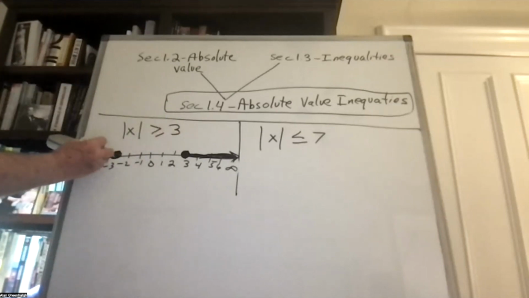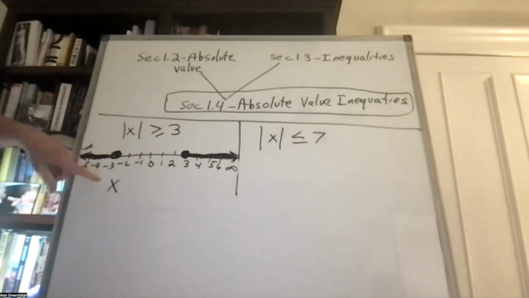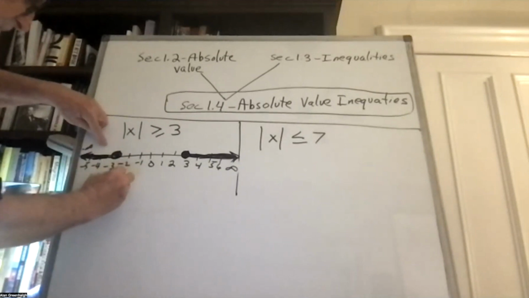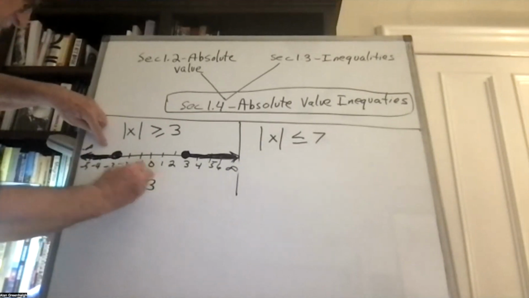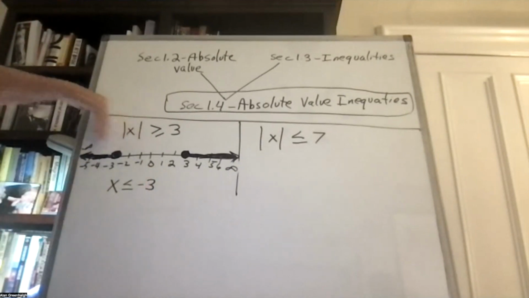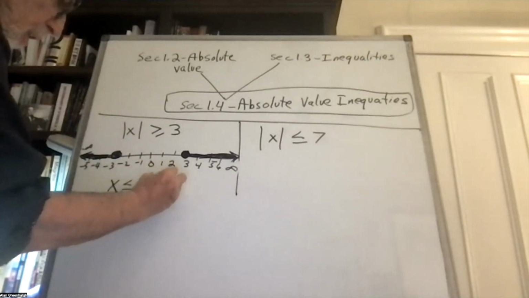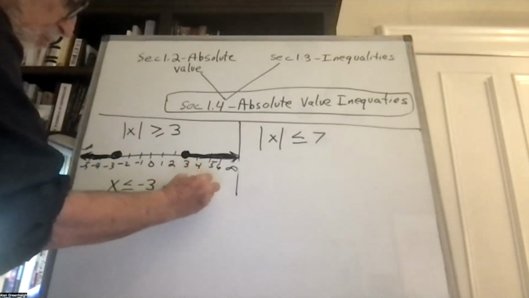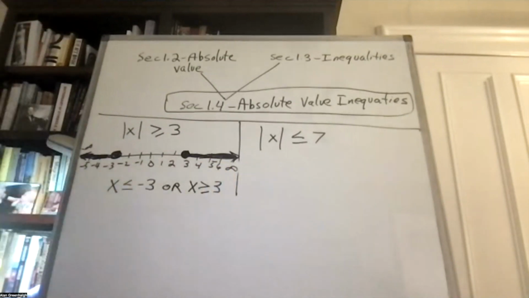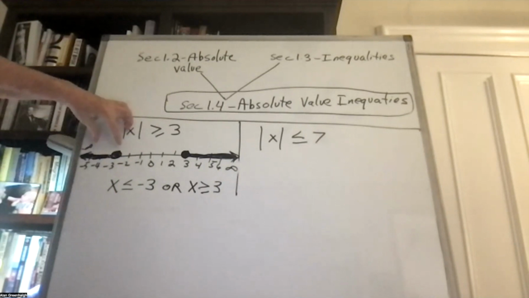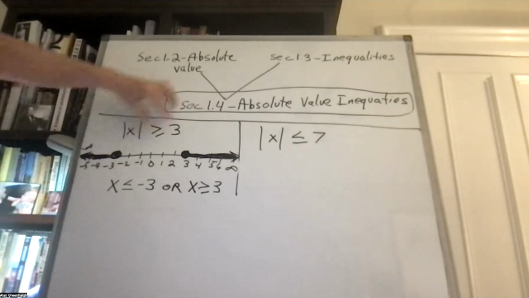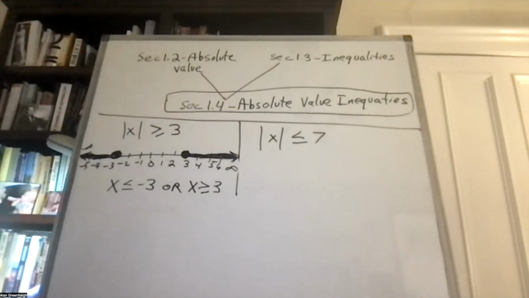So it looks like the values would also go in this direction. x could be less than or equal to -3, in other words, going this way, or x could be greater than or equal to +3. That's the solution. x is less than or equal to -3, or greater than or equal to +3.